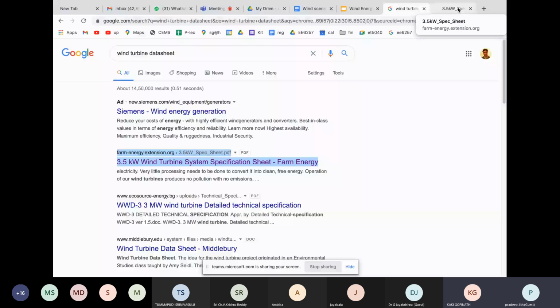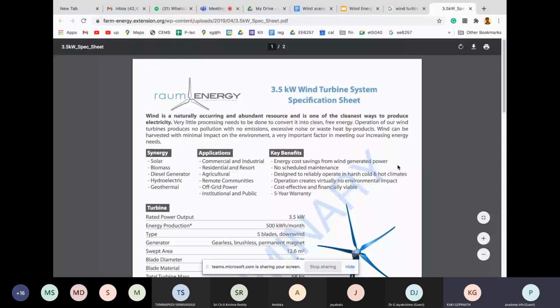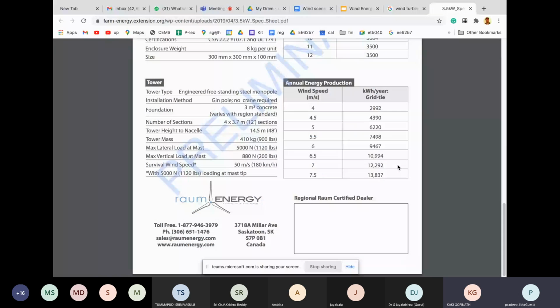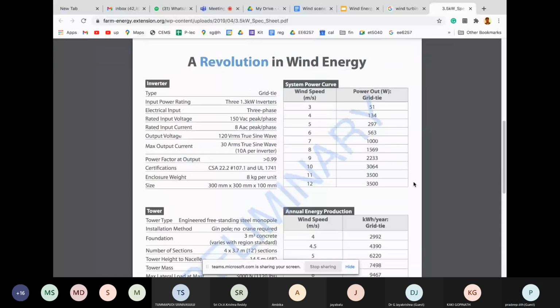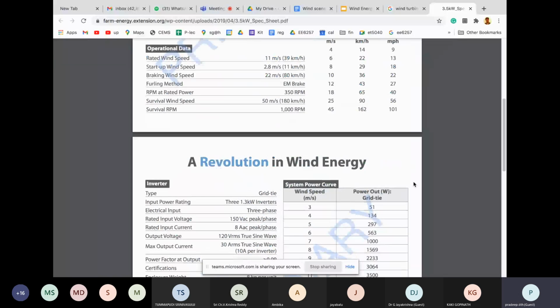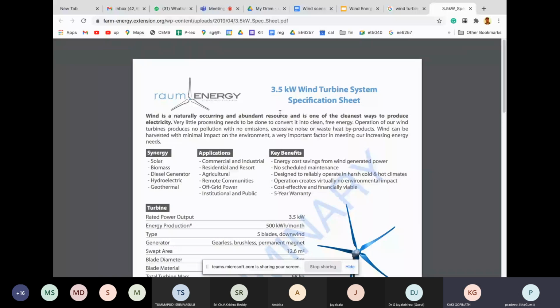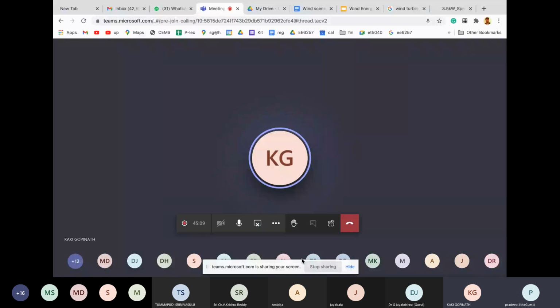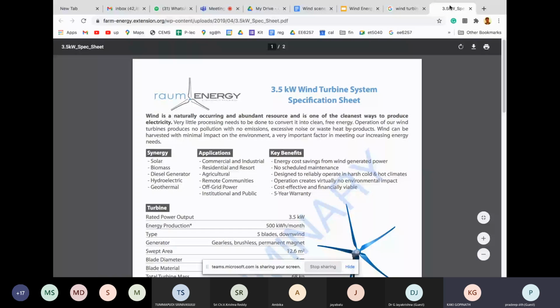Let's look at some of the wind turbine data sheets. So this is one example I'm getting. So here is the data sheet.